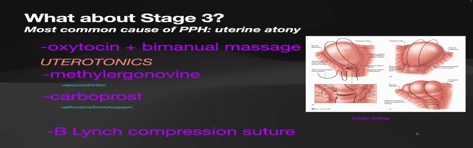Okay, so moving right along here, stage 3 of labor. The most common cause of postpartum hemorrhage, as I'm sure we're all aware, is uterine atony. So as far as things we can do for postpartum hemorrhage, which is greater than 1,000 milliliters or cc's of blood loss after either a vaginal delivery or a C-section, usually the first intervention is oxytocin.